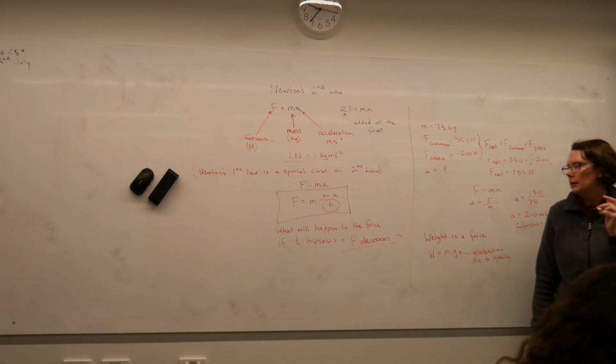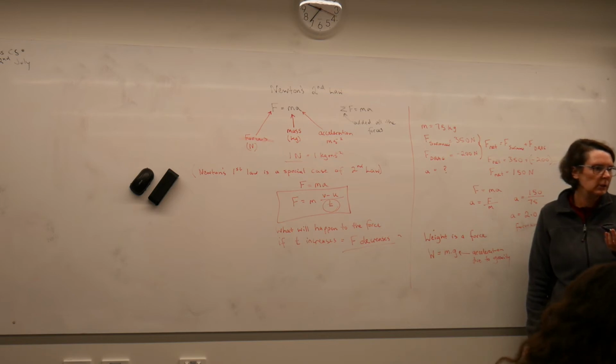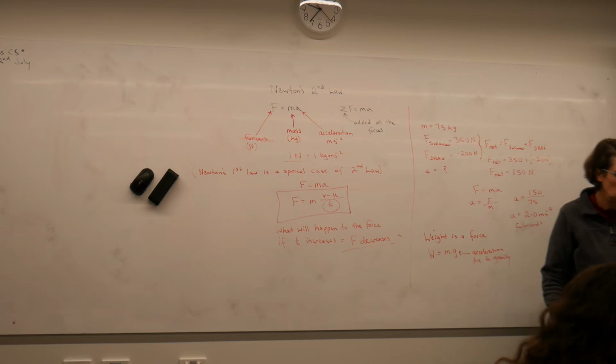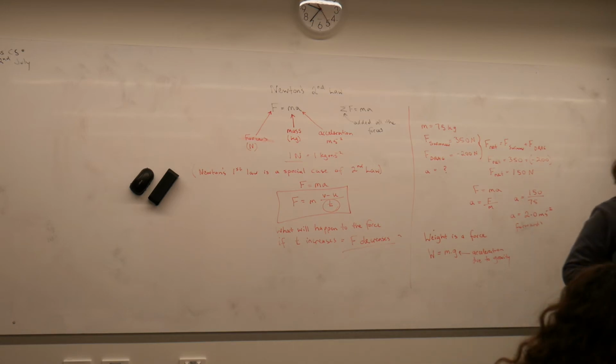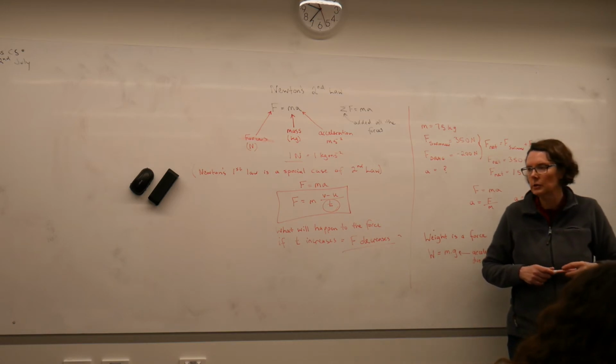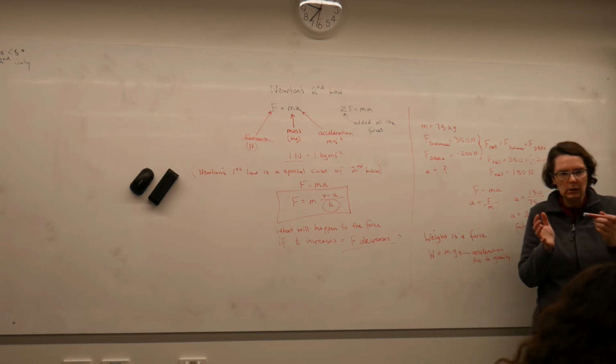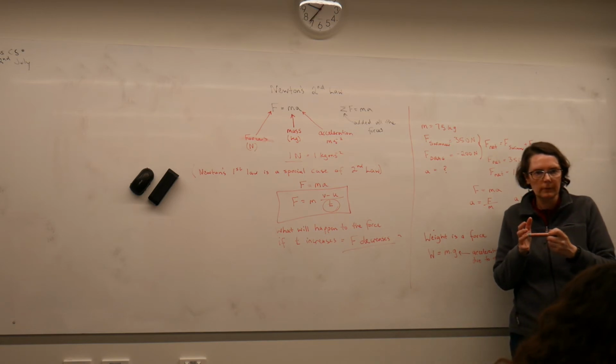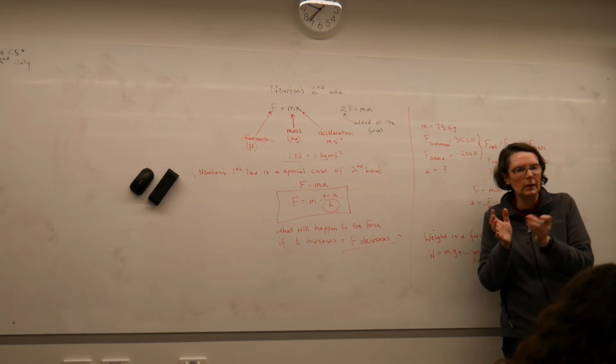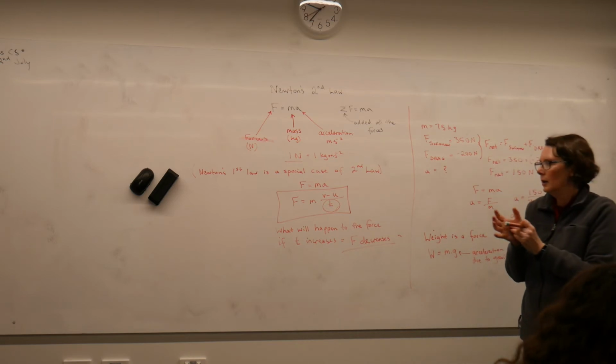And this is the reason why baseball pitchers and wicket keepers in cricket wear padded gloves. The padding is going to increase the time it takes for them to catch the ball. Okay, the ball slows down because of the padding.